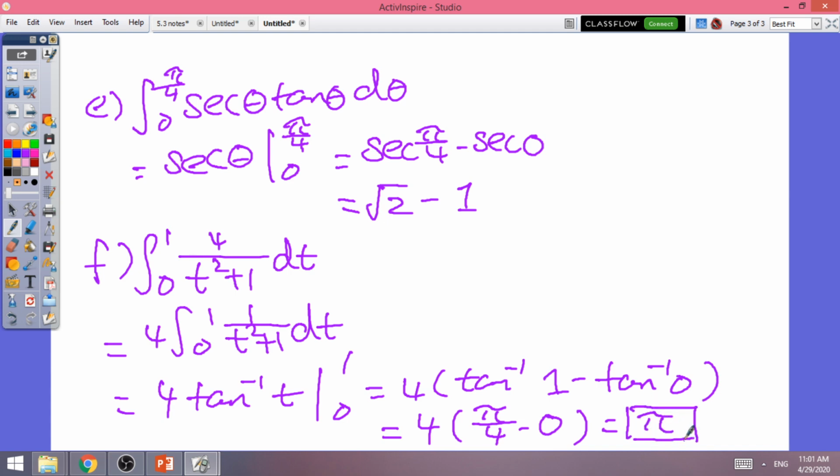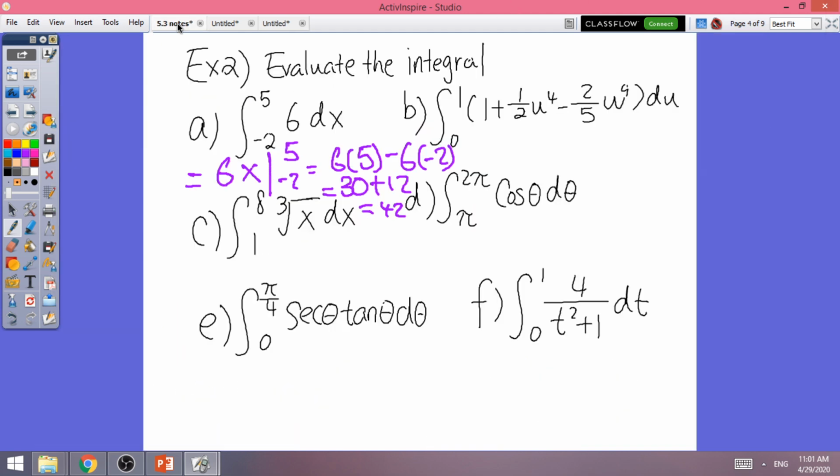So that'll be the area of this rational function from 0 to 1. It's exactly pi. Isn't that interesting here? So pi, which is what? It's an irrational number. Okay, so now let's see what else we have for the next slide.